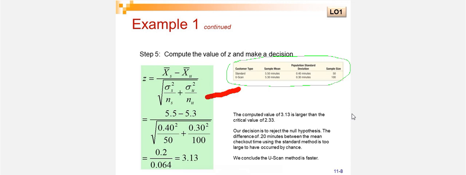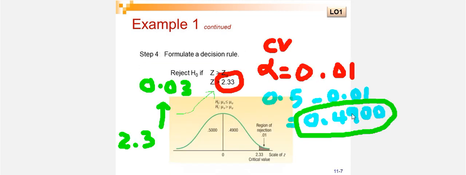Then we look back at step number 4, where 3.13 is somewhere in this area.